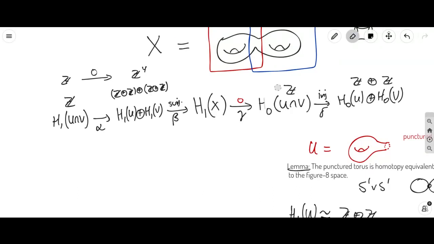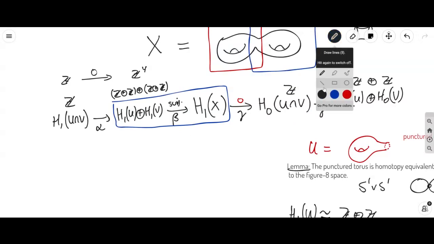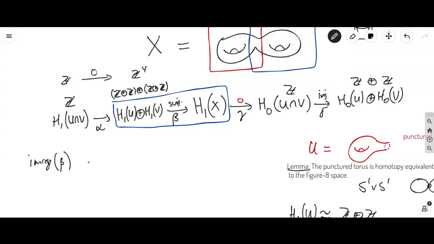But if we're willing to accept that this is the zero map, we can now calculate the homology by looking at this. So if you look at this morphism, then by the fundamental isomorphism theorem, the image of beta is going to be isomorphic to this group, which is Z to the 4, mod the kernel of beta.